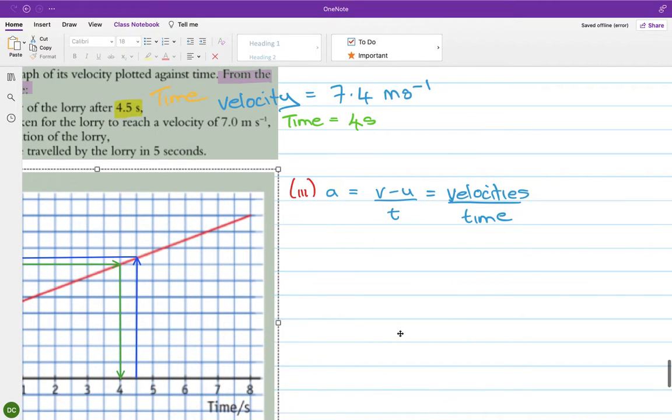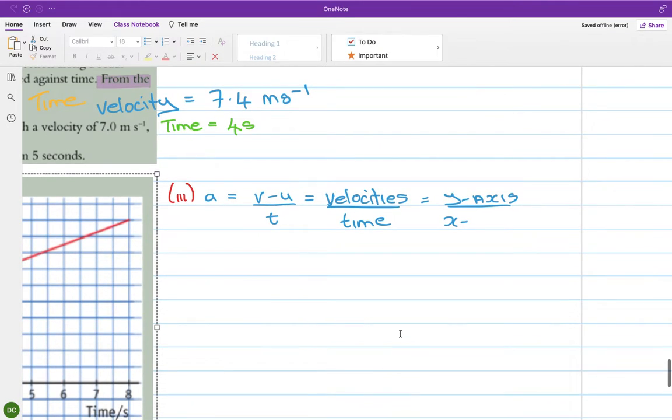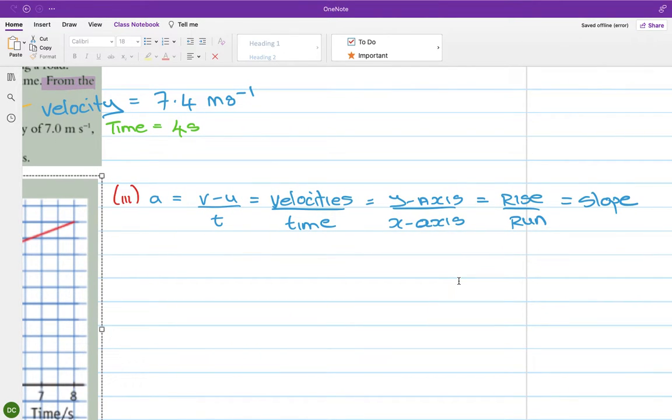So to use the graph to do this, I need to put the velocity over time, which is the y-axis over the x-axis. Yeah? And the y-axis over the x-axis is rise over run. And rise over run is slope. So it's a really long-winded way of saying if you want the acceleration, you need to calculate the slope.